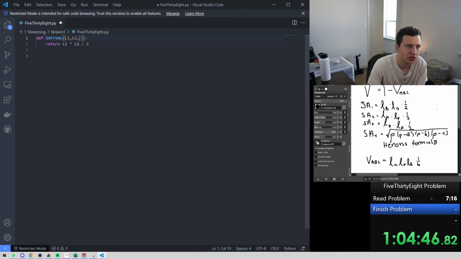There's also sometimes you give me L3. And so if there's no L3, then just do this. So this is the case in which it's a right angle.